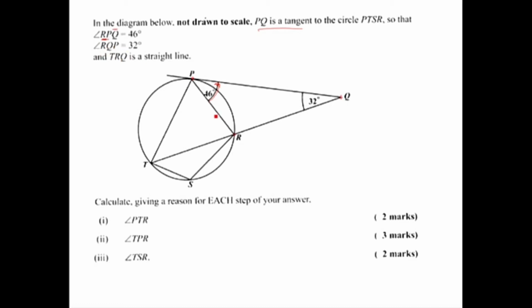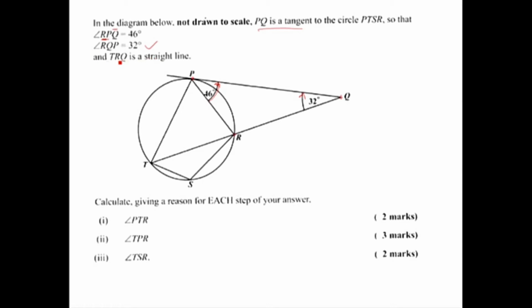Angle RQP: start from point R, go down to Q, and then turn to P. So this angle they're looking at is right here, which is 32 degrees. This also told us that TRQ is a straight line, so it's not an angle.